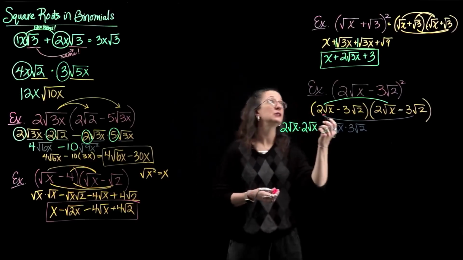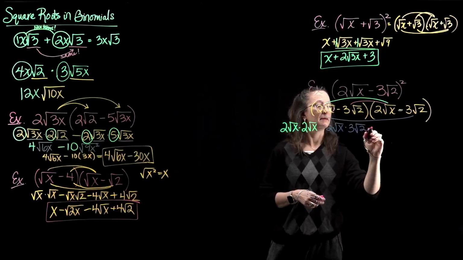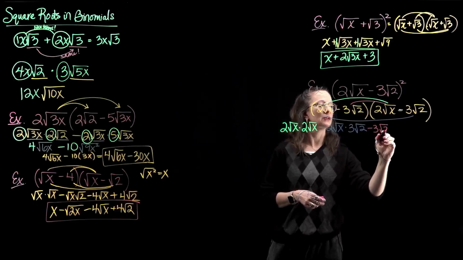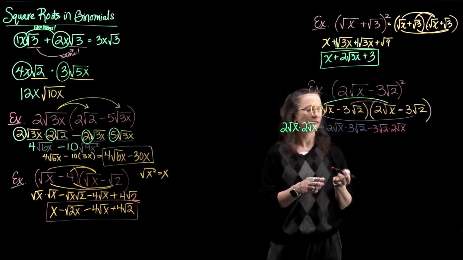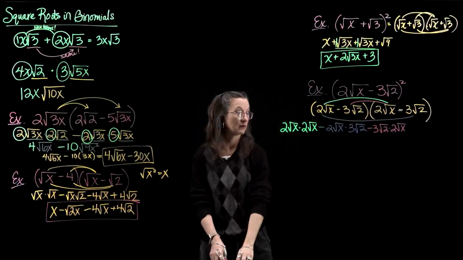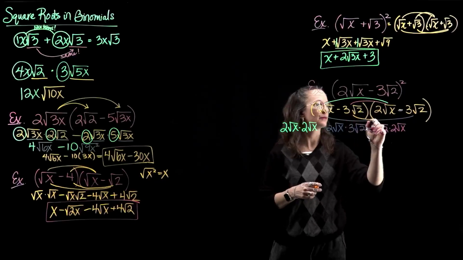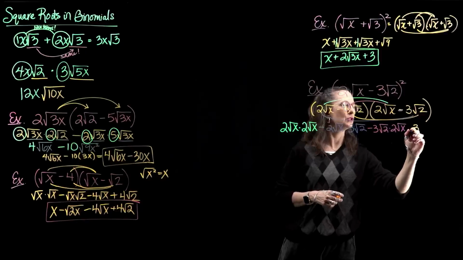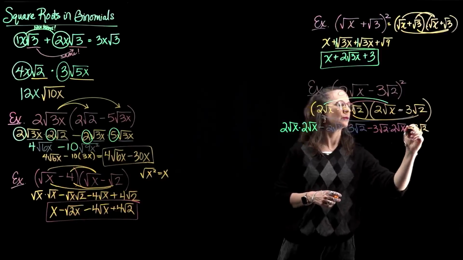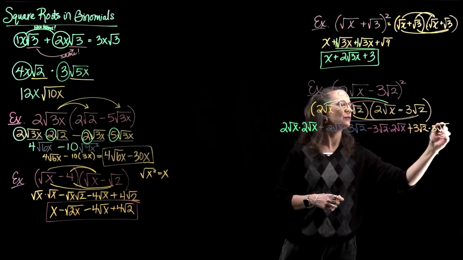All right, inside terms, I have a minus 3 square root of 2 times 2 square root of x. And then finally, my last terms, minus 3 square root of 2 times minus 3 square root of 2.